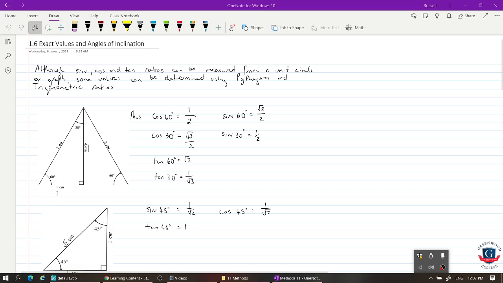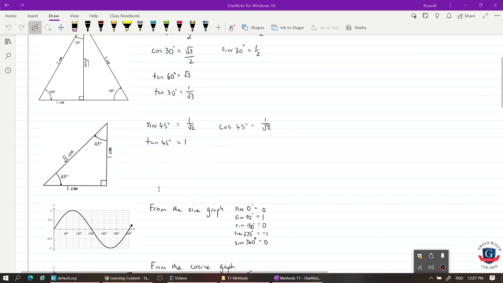And tan of 30, which will be opposite over adjacent, will be 1 on root 3. So there's 4 exact values that we now know and we can use. Sine 60 would be opposite over hypotenuse, which is root 3 on 2, and sine 30 would be opposite over hypotenuse, which is a half. So there's 6 exact values we know, all the exact values for sine, cos, and tan for 30 and 60.